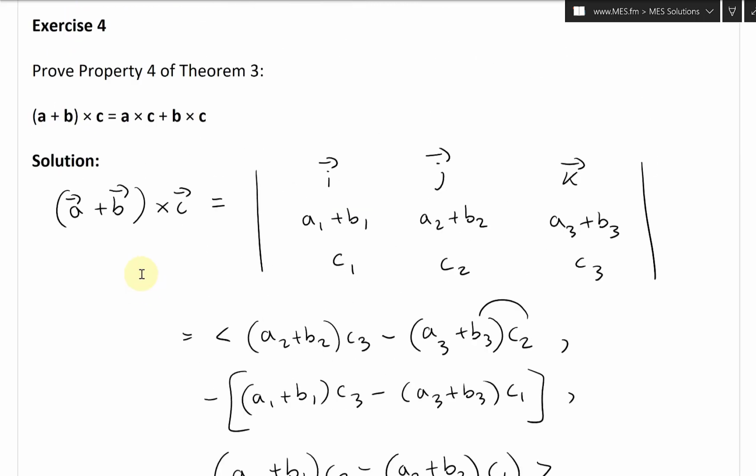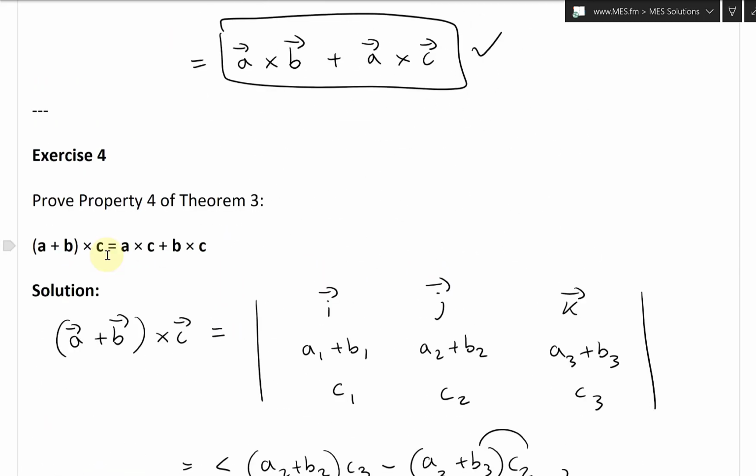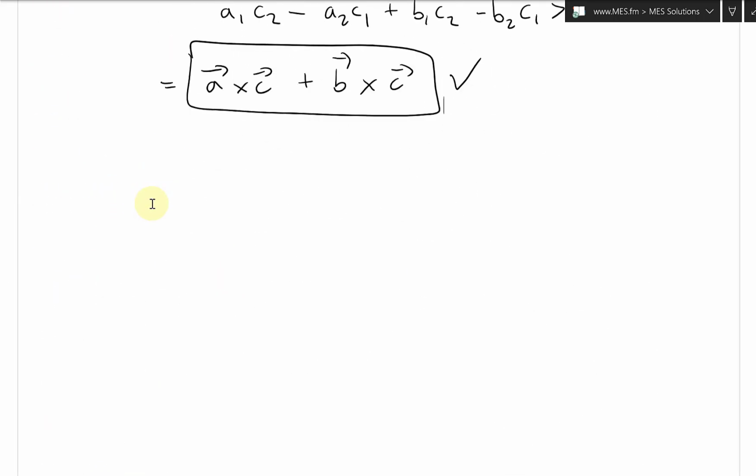So exactly the same as before, but we just start with one at the bottom, another one at the top. Yes, fascinating. So A cross C plus B cross C.